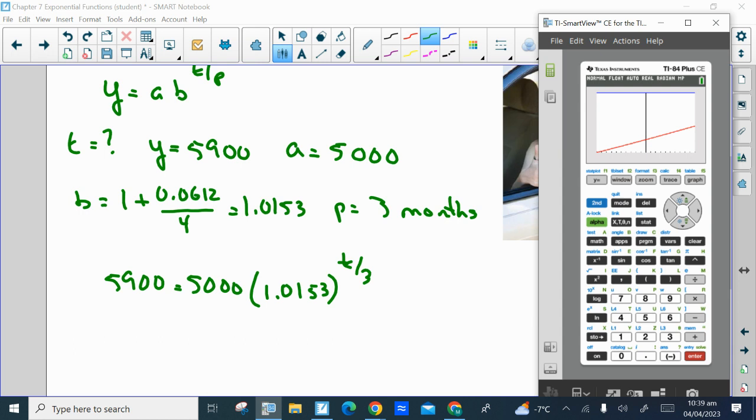But you need to be able to see the x-intercept. In this case here, the x-intercept is beyond our x-max. So we're going to have to change it. In the previous example, even though we couldn't see the x-intercept, it was within the windows that we had on our calculator. In this case, it's not. If you try and find your intersect here, you're going to get an error, because your x-max isn't big enough.